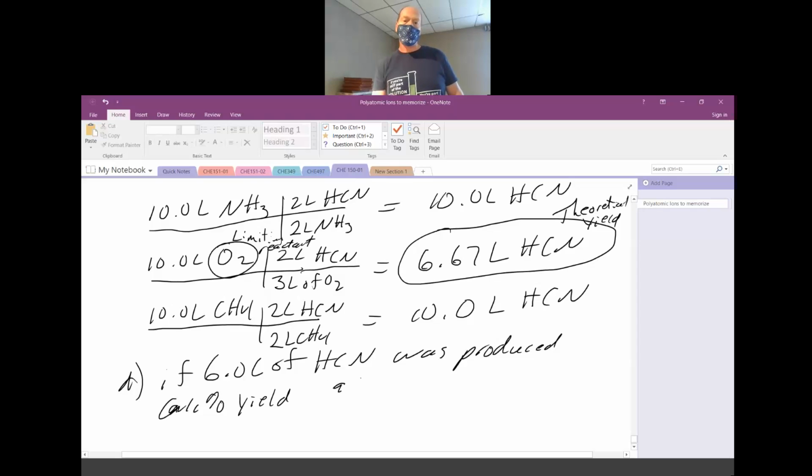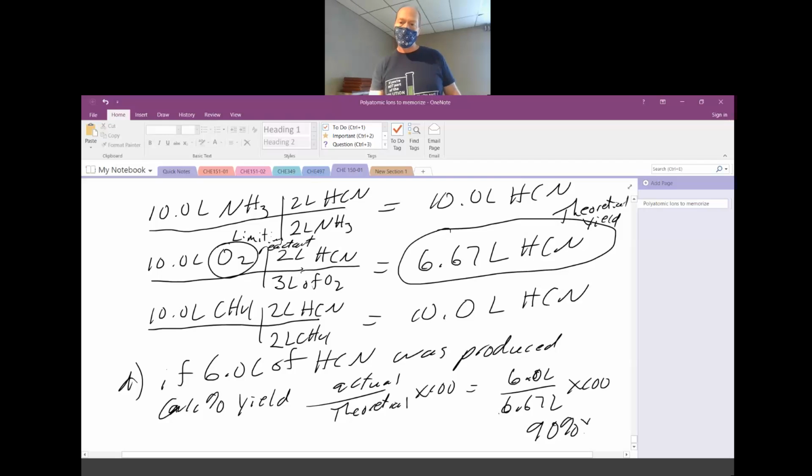That's the actual divided by the theoretical, multiplied by 100. The actual yield is 6 liters, the theoretical is 6.67 liters, times 100, and that gives you a 90% yield for this reaction.